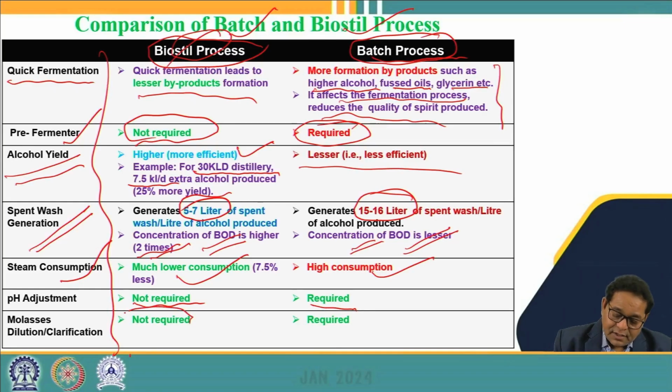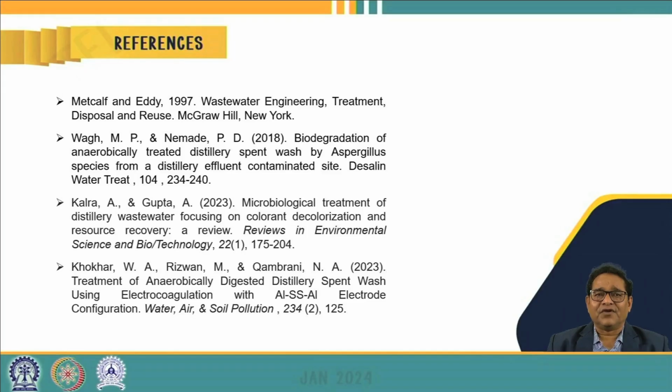Again, dilution is not required in the biostill process, whereas it is extremely required in the batch process, because unless you reduce the concentration, the fermentation will not be efficient. So these are the references you can refer to. Thank you.